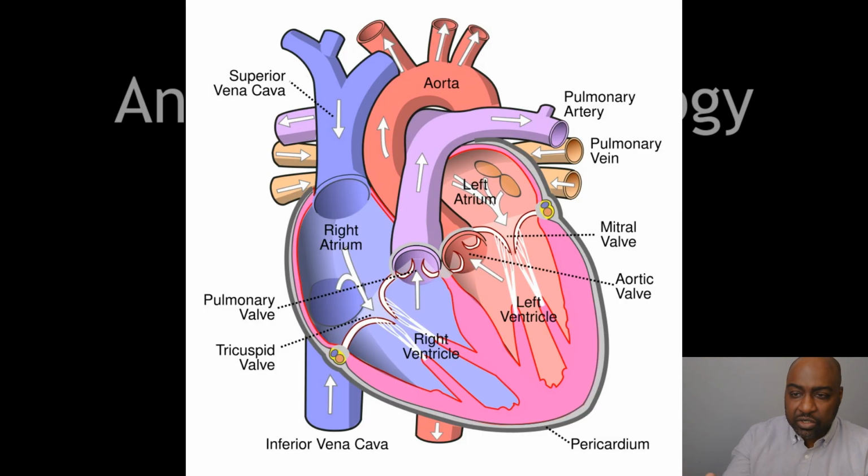And then let's go on and talk about the semilunar valves as well. You have the pulmonary on the right, and you can imagine this is where the blood gets ejected into the lungs. And then you have the aortic valve on the left, and you can imagine this is where the blood gets ejected into the aorta.